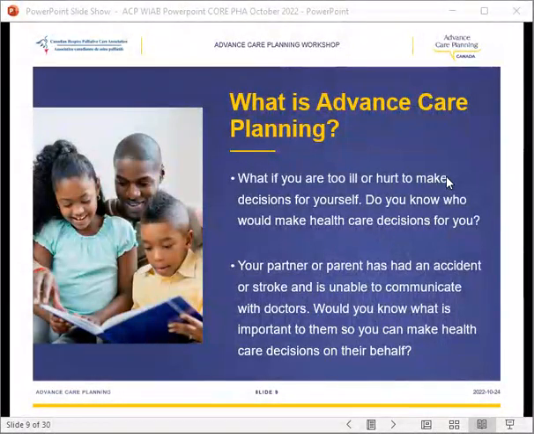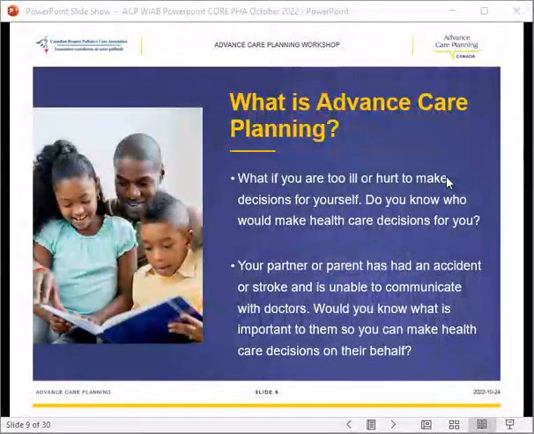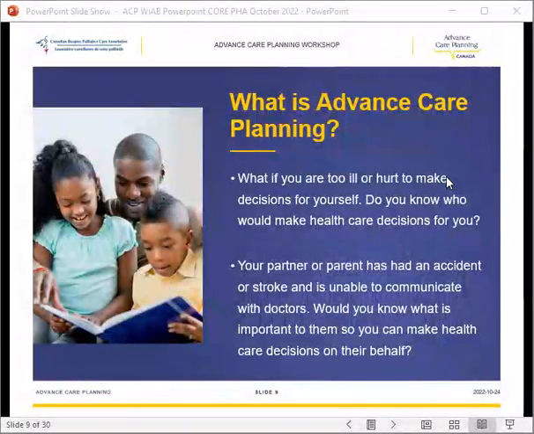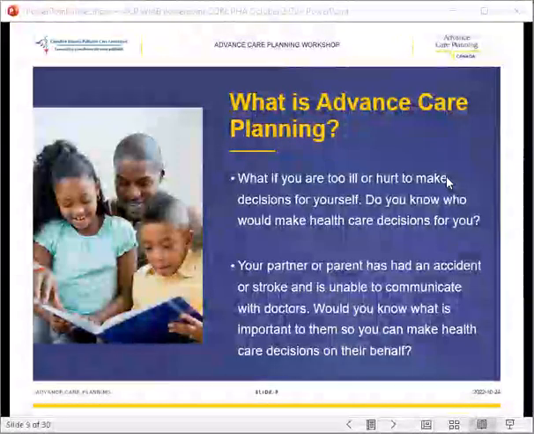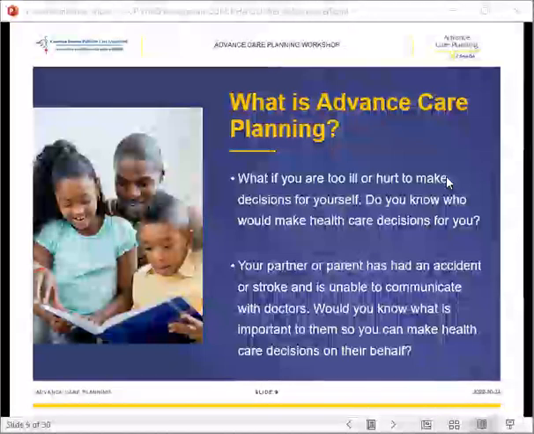The other element of capacity is that our mental capacity can be low or high. There are certain illnesses or diseases that people live with where in certain moments, such as somebody living with diabetes, they may have a low blood sugar, and so they may not have the mental capacity to understand a decision.